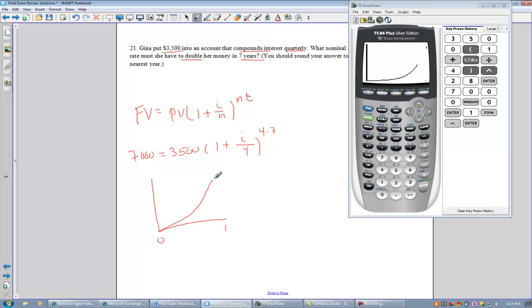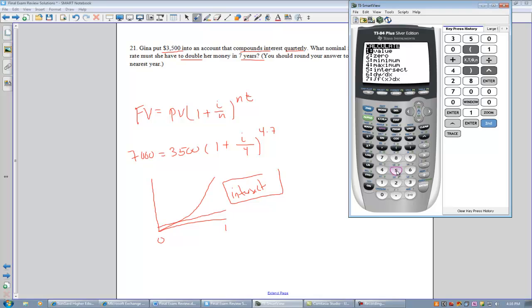And you're going to see down here, there's the 7,000 way at the bottom, and I'm going to intersect it. So I do second, trace, go down to number 5 for intersect, hit enter 3 times, and out pops my answer. I is approximately, oh, and it's hard to read that number, okay?